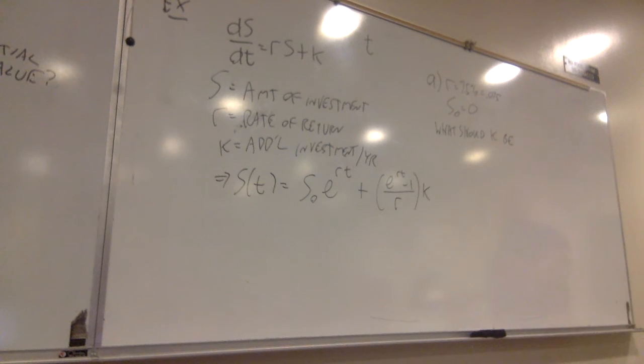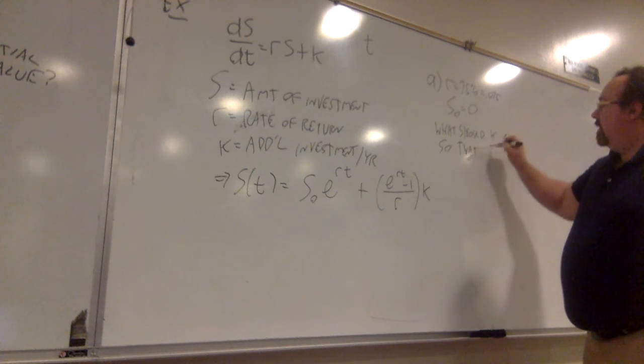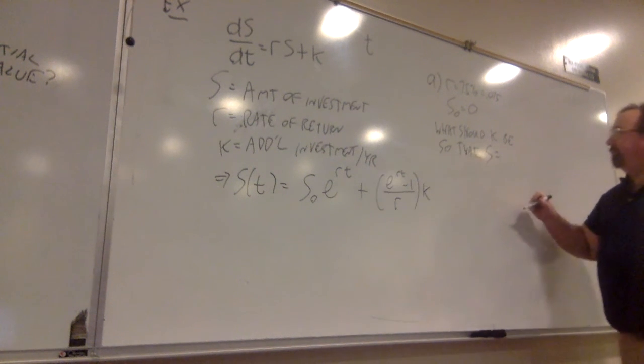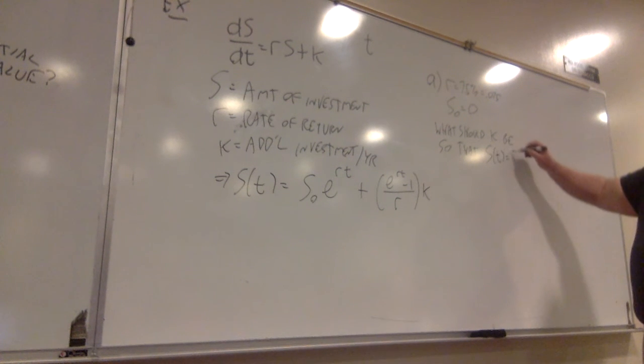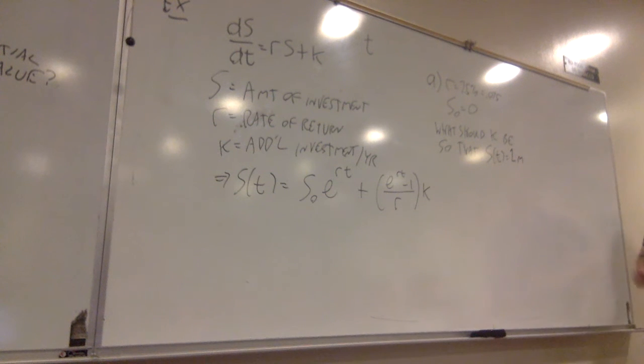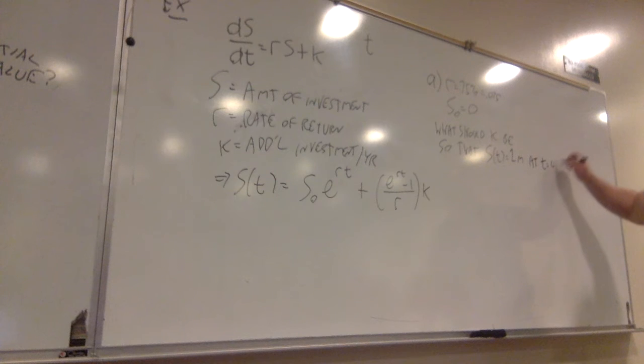What should K be so that the total amount is $1 million at t equals 40? So after 40 years, we've dumped in K dollars a year and have a balance of exactly $1 million at the end of those 40 years.